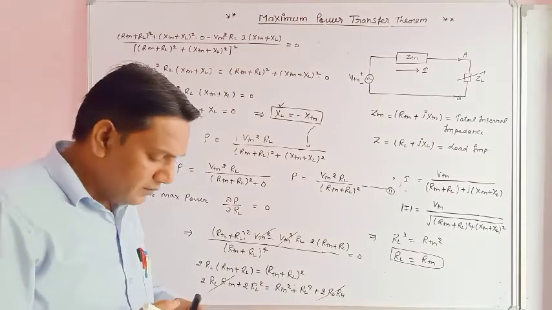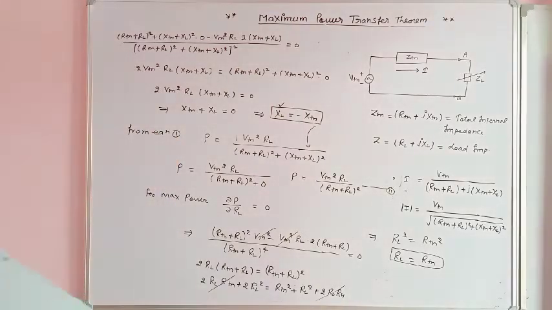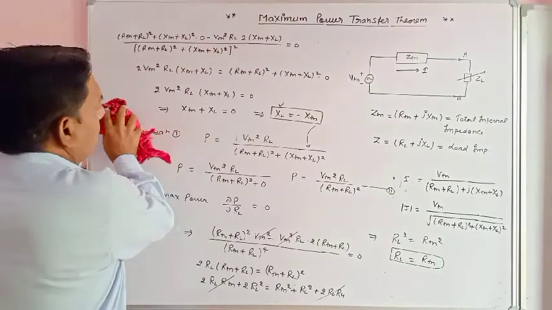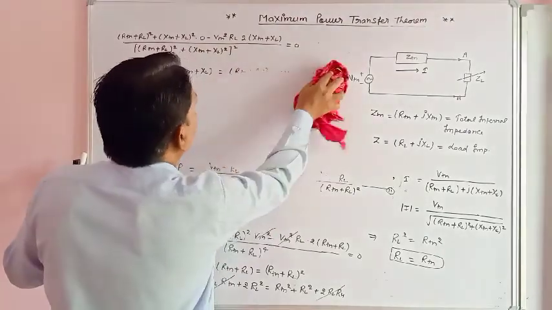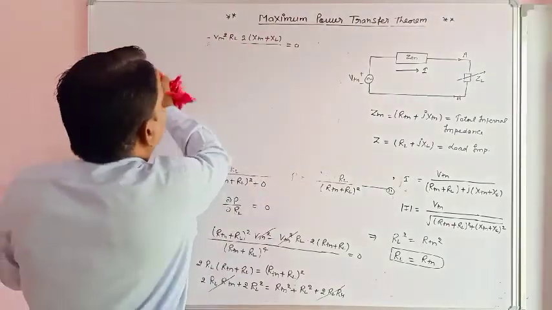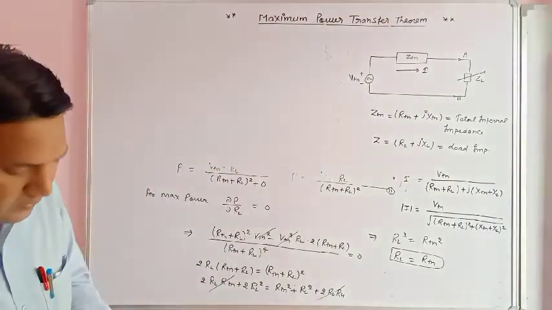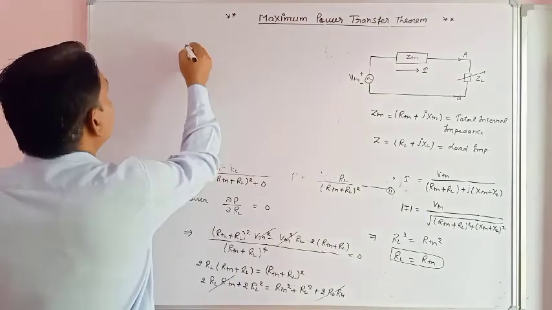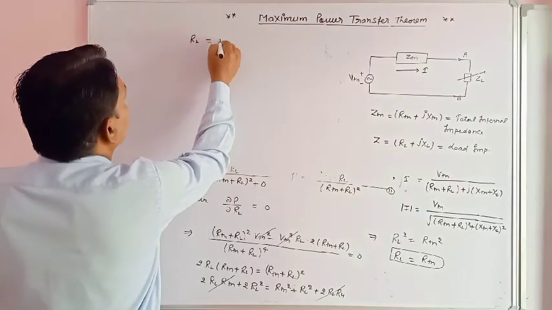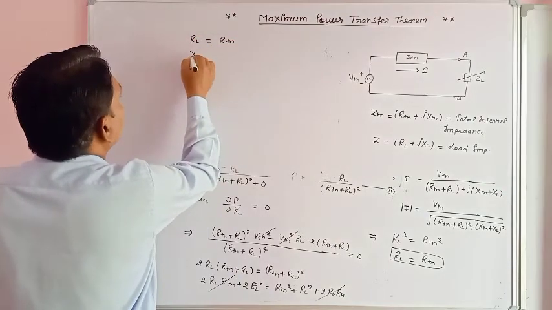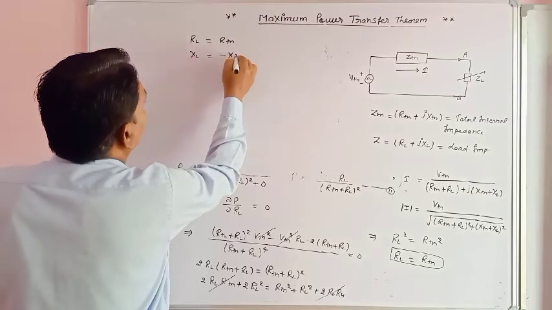So ultimately we have two conditions. First condition is RL is equal to RTH. Second condition is XL is equal to minus XTH.